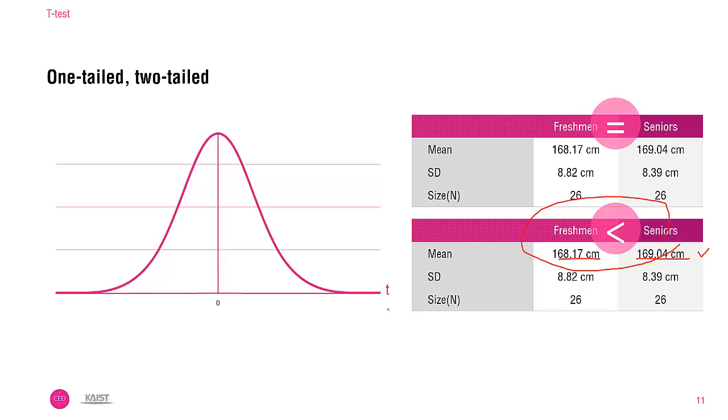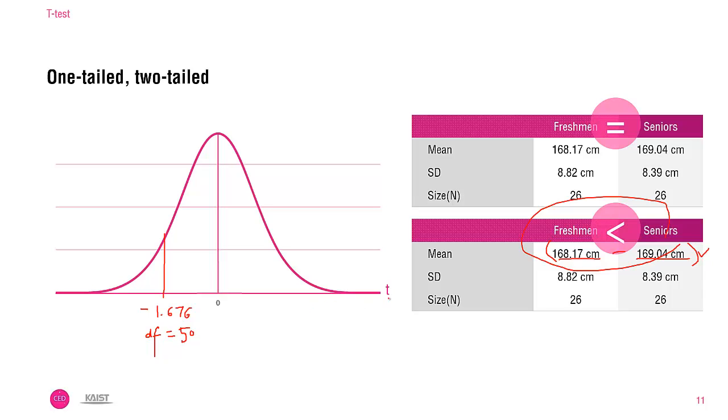The numerator is 1.6870 minus 1.6904. So it will be a negative value. When we find the t-score in the t-distribution with the degree of freedom of 50, it is actually minus 1.676 when degree of freedom is 50.